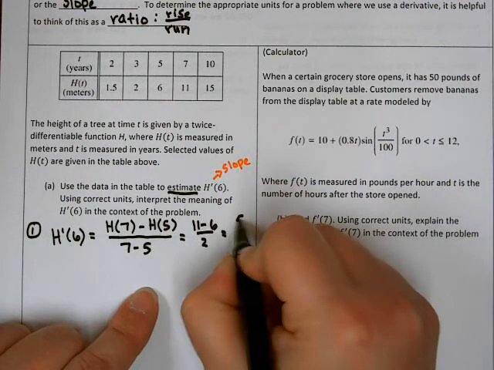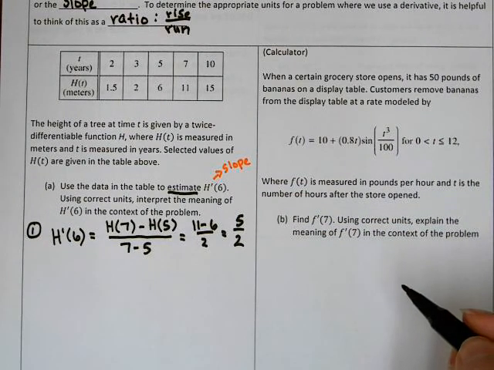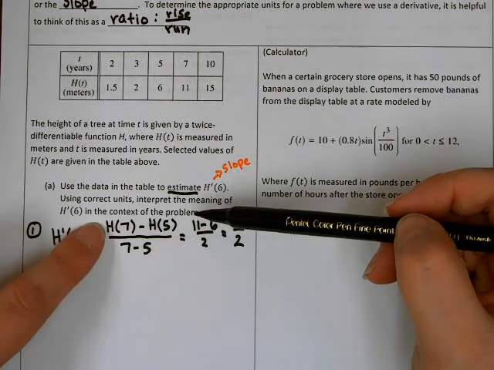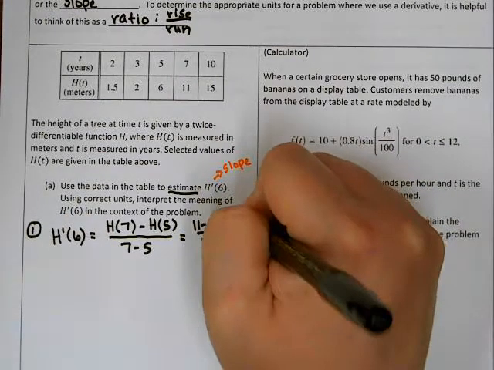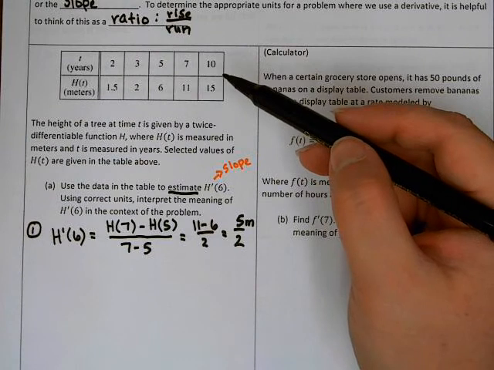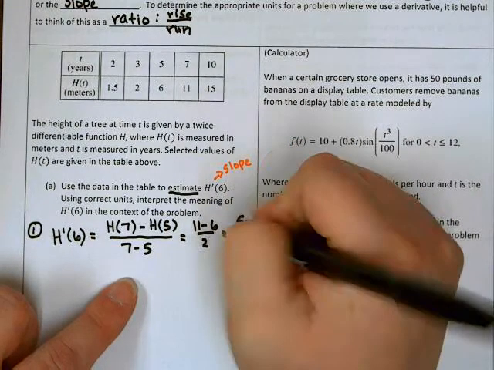And so we get an answer of 5 over 2. All right, now we have to think about what these units are. Well, we put our y values or our h of t values on top, and those were measured in meters. And then the bottom value, that was our time, which was in years. So this is meters per year.